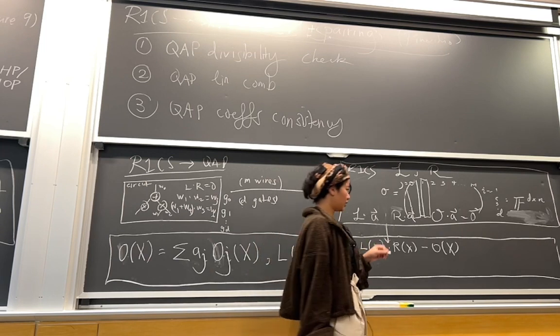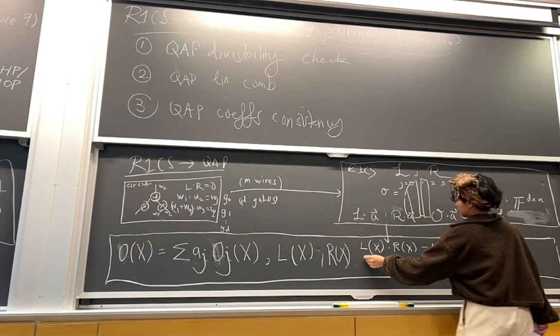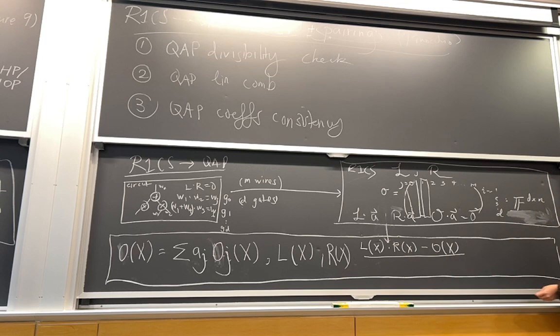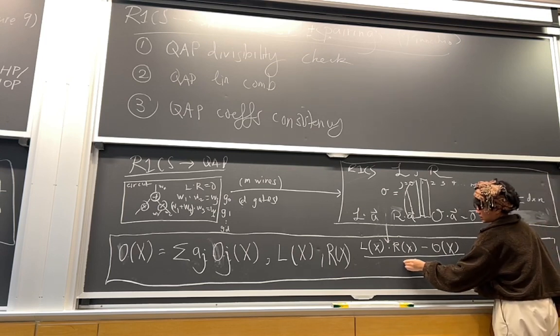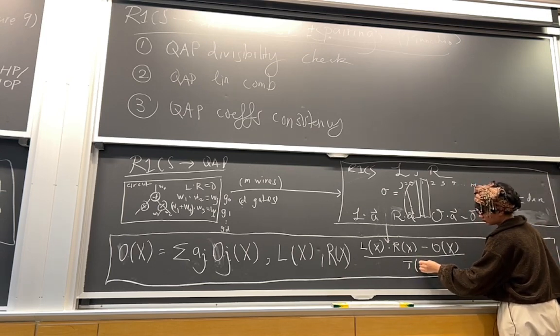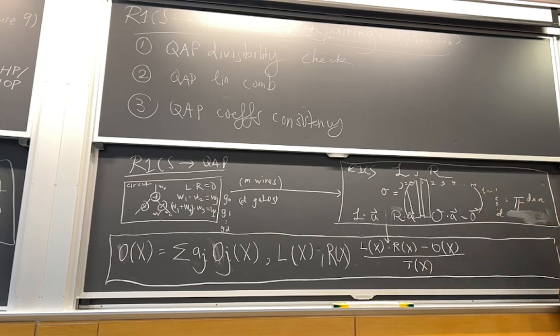And if this polynomial identity holds, then its quotient, when divided by T(x), the vanishing polynomial over the evaluation domain, should be some polynomial.